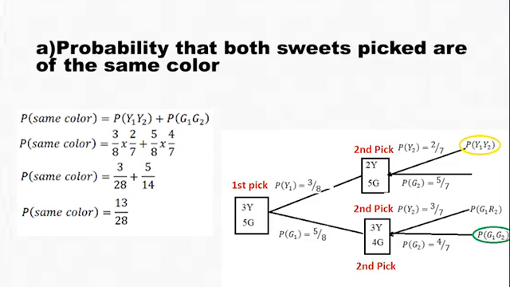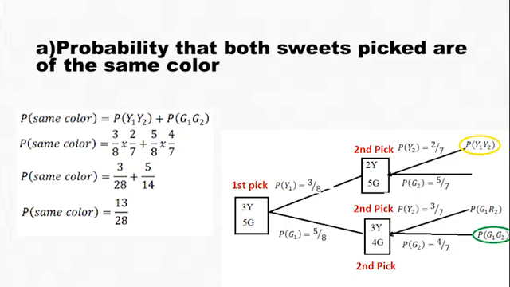We multiply the probabilities because of the word "and", since it is a yellow and a yellow. These events are also called independent events, since picking the first color does not stop the picking of the second color.